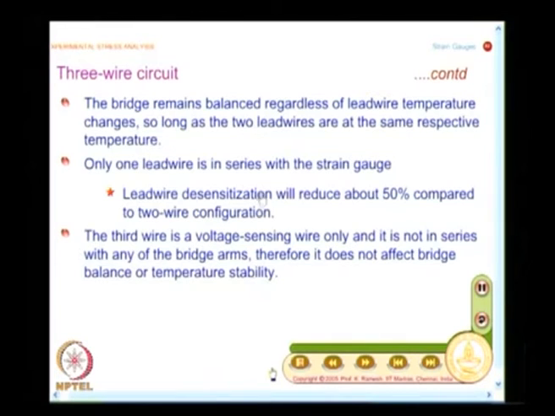We are just summarizing the advantages of a 3 wire circuit. The bridge remains balanced, that is the first advantage. Lead wire desensitization is reduced by 50%. The temperature stability is unaffected.